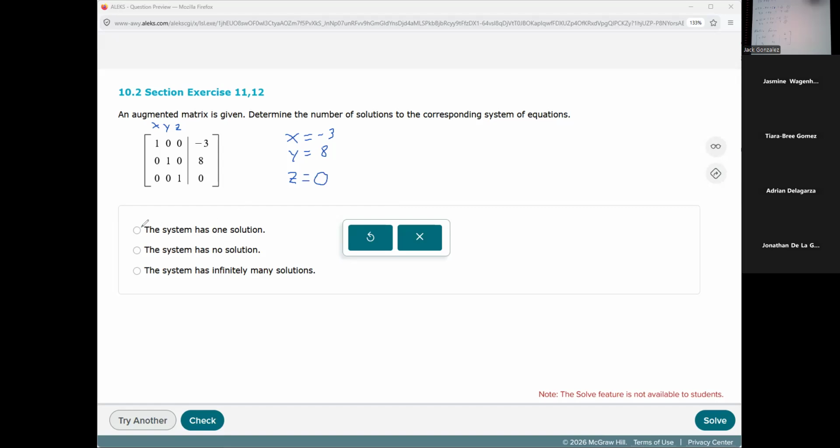So this is one specific solution here. Those are the three scenarios: no solution, infinite solutions, and unique.